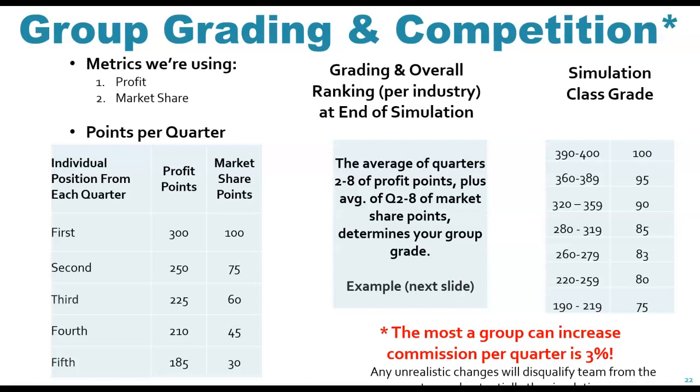Why not the first quarter? Because you can't buy market research. It's more of a guessing game. So make your best educated guess, and then once you have gone through the first quarter and make a decision for the second, then I will start the grading.